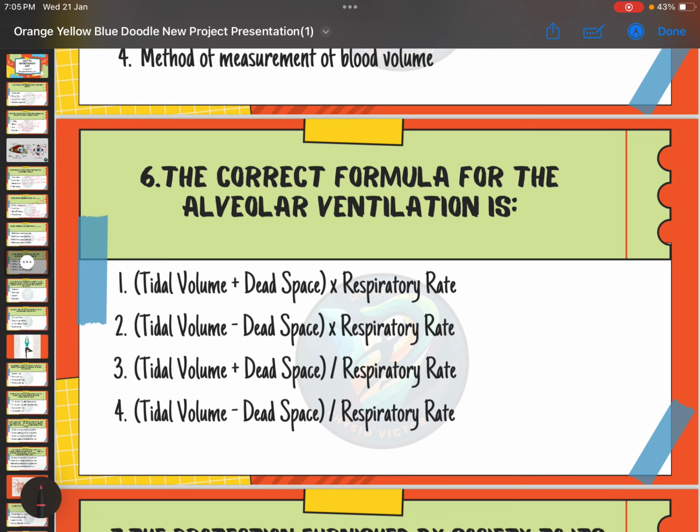Here the correct answer is option 2 tidal volume minus dead space into respiratory rate.